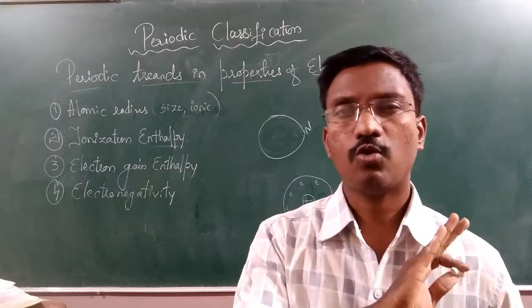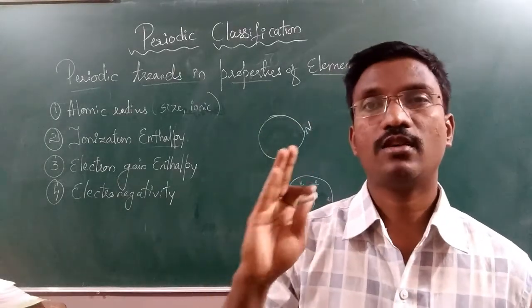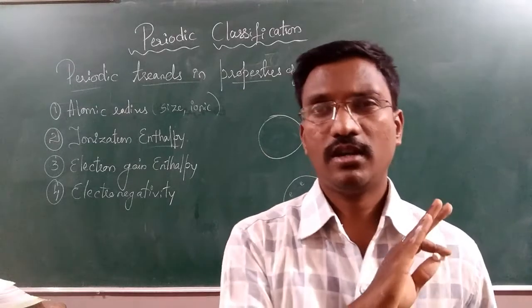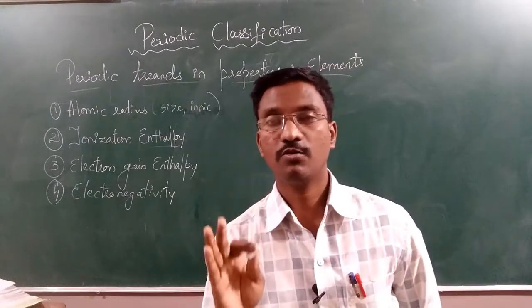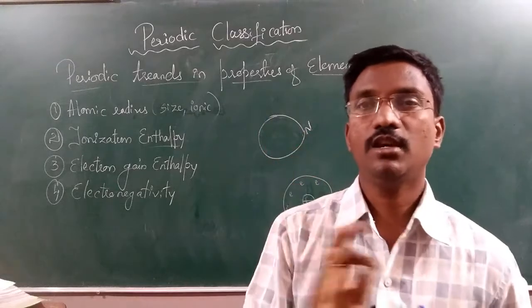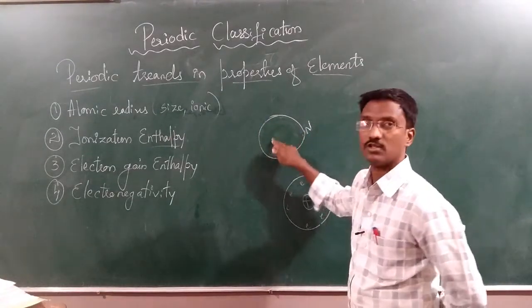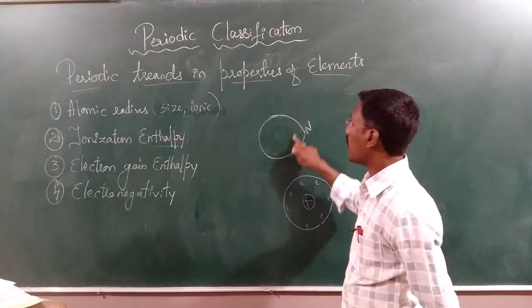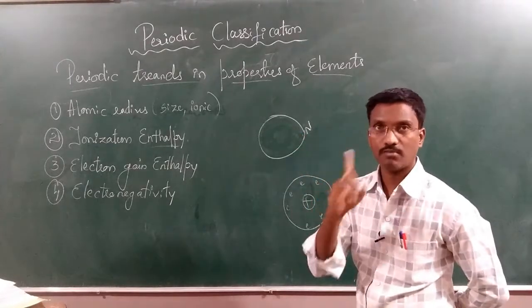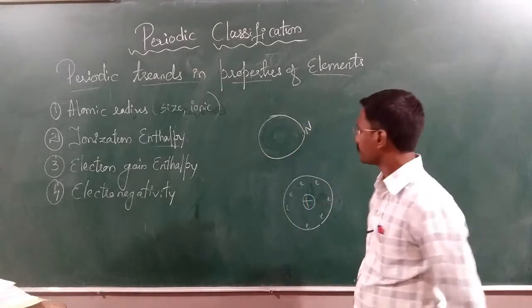We are not going to touch them. Not even in the PUC, never in higher education, even for BSc and MSc, we are not bothered about the inner shell or inner electrons. We are going to worry only about the electrons present in the outermost shell. Keep in your mind, that is the most important thing throughout our education.